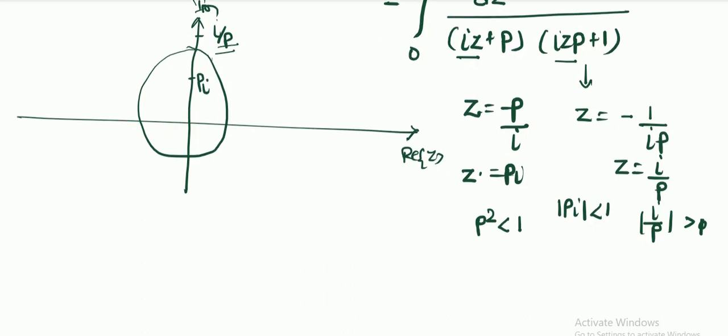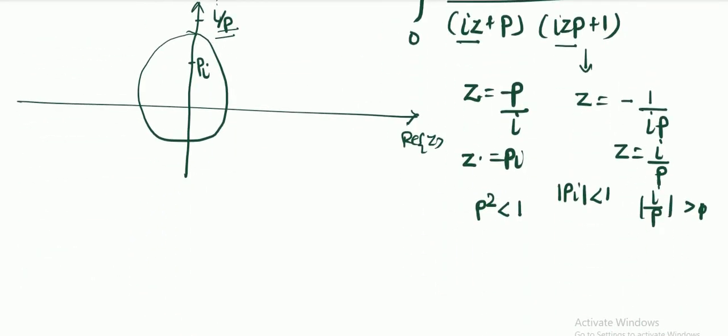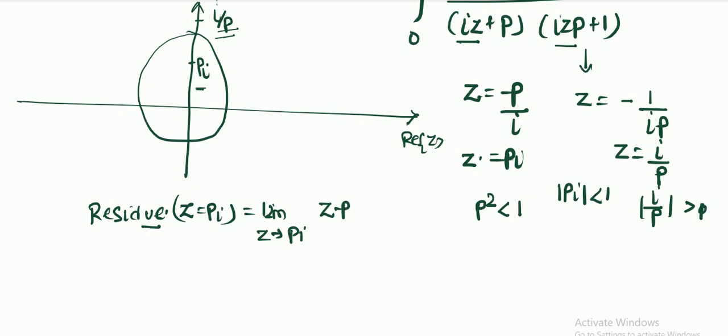So now moving forward, we will have the pole locations, and we will also have the limit and domain through which we will have to solve the question. So now what will be the residue? As pi is the only point which lies inside the circle, the residue at z equals pi equals limit z tends to pi, z minus pi, that is at the point, divided by the factor iz plus p and izp plus 1.